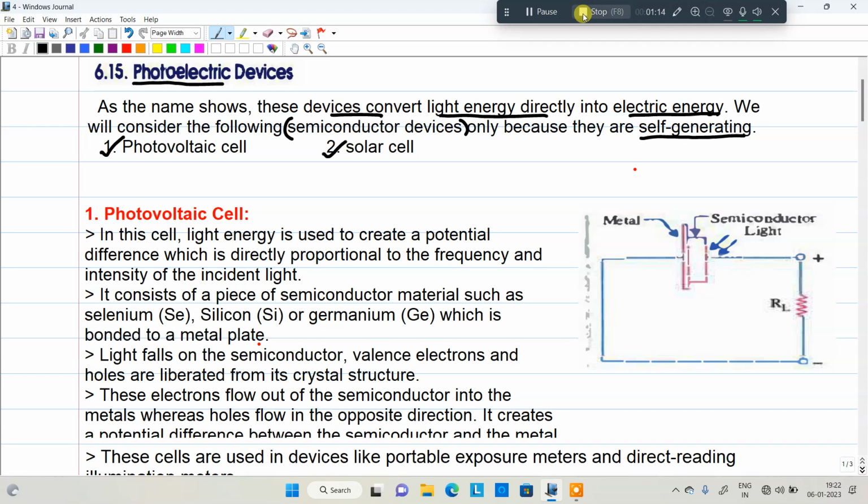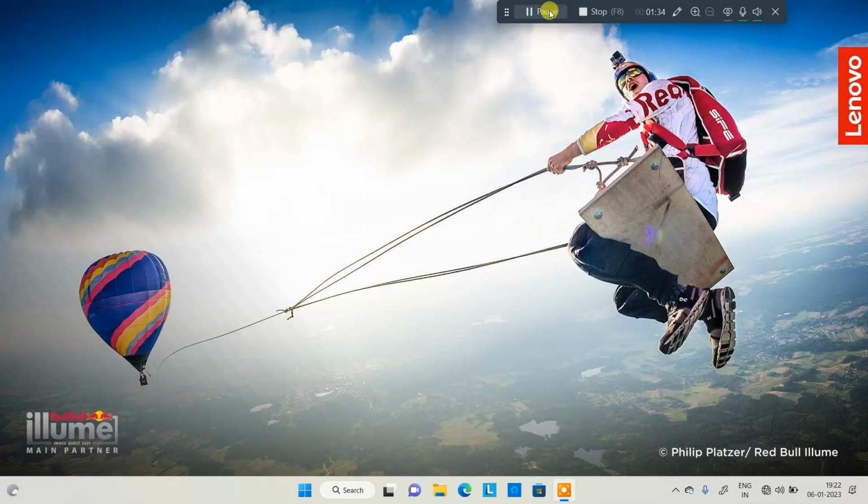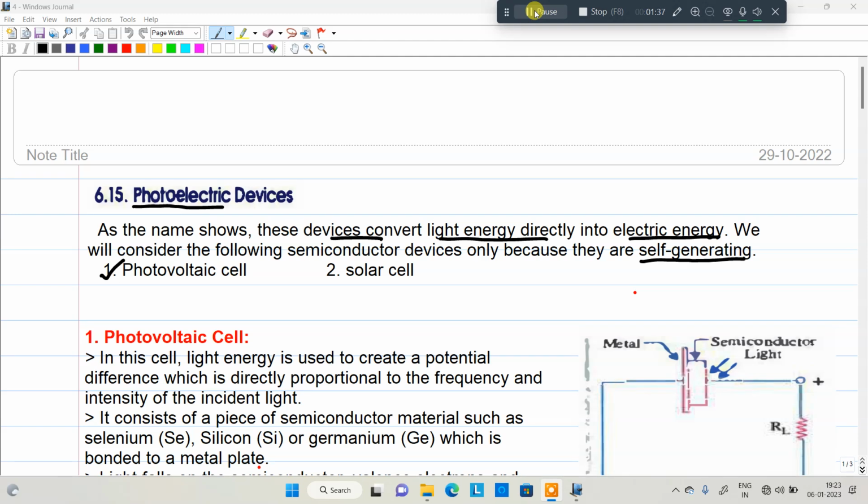So the photovoltaic cell here, looking at this particular diagram, one metal is connected to a semiconductor.